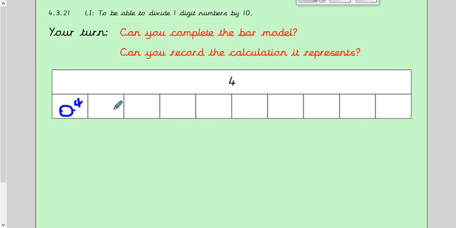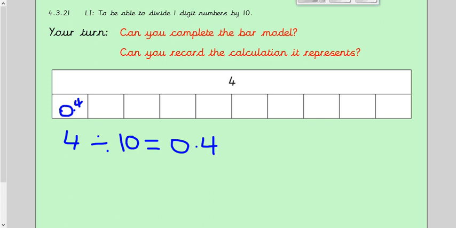Okay, so each of these boxes would be 0.4. And as a calculation, it would be 4 divided by 10, because there's 4 as a whole divided into 10 equal parts, equals 0.4. Okay, so it's just a different way of showing what we've already done in the lesson, just so we really understand why and how that is the pattern and why it happens like that.